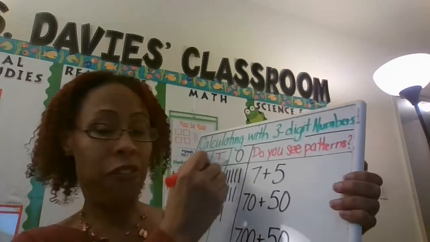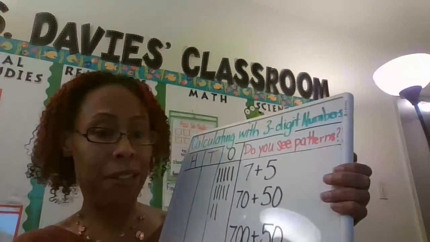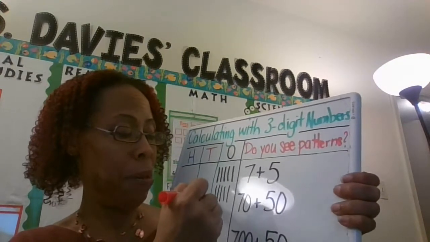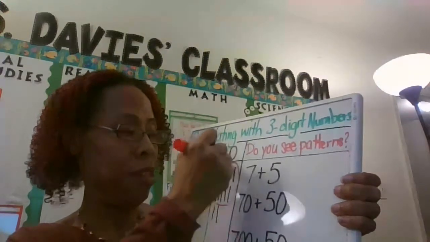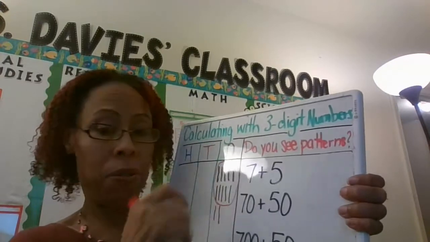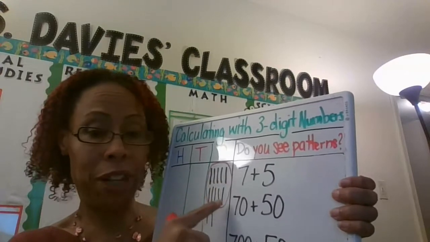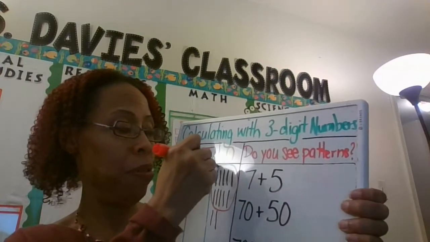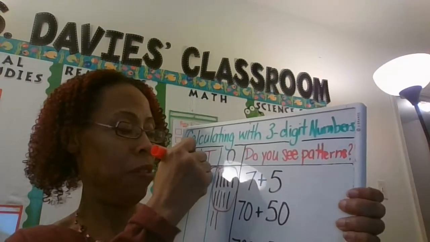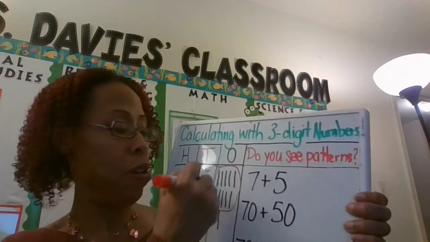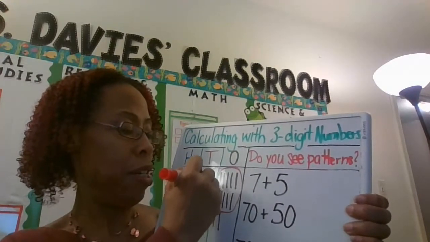All right, so let's look. Whenever you have more than 9 ones, you're going to go ahead and bundle a 10. So we know this is why we work in rows of 5. So we have 5 and 5, and that's 10. We're going to bundle this set of 10 ones and create a 10.